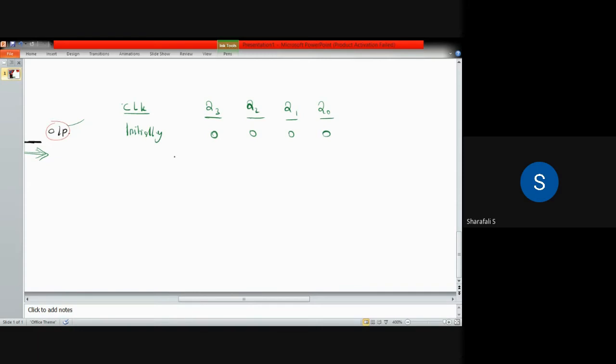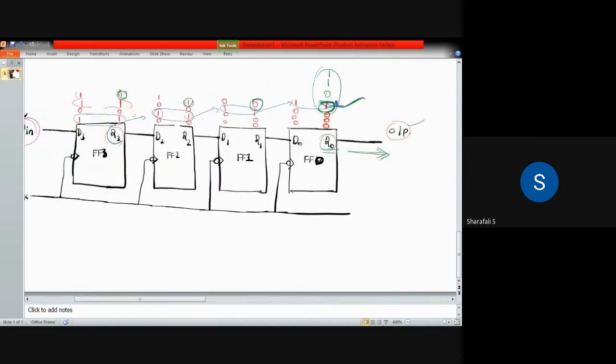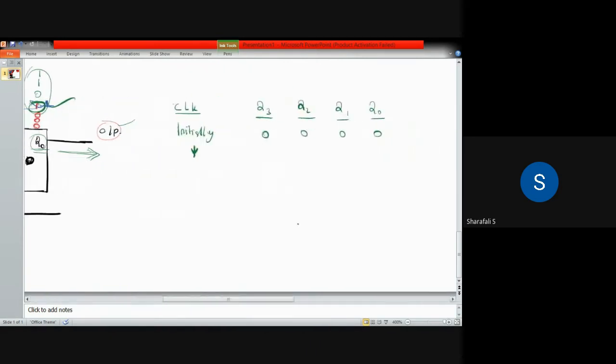Now when you are having the first negative triggering, at that time you will be having the Q3 value. Q3 is this one. So at the first triggering, Q3 will become 1, and all others are 0.